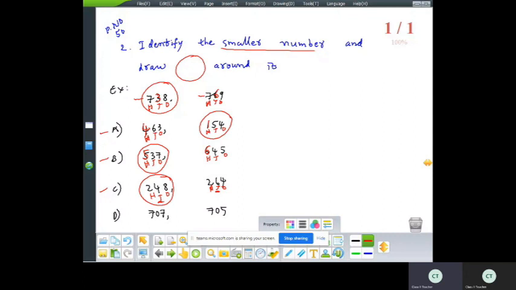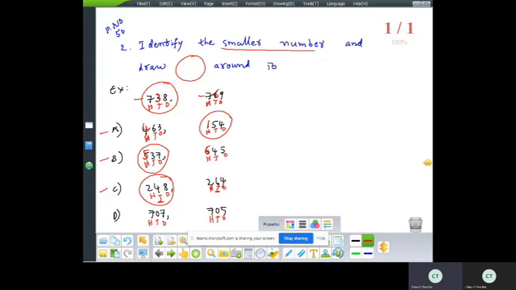Now the final one, question D: 707 and 705. From these two, which is the smaller? First, we look at the place values: ones, tens, hundreds. The digit in the hundreds place is 7 and 7. Next, we go with the tens place.